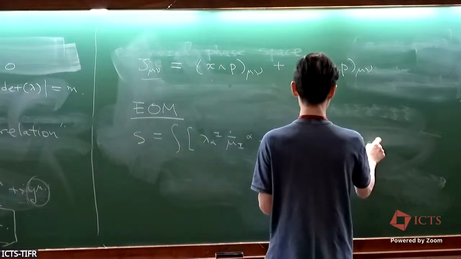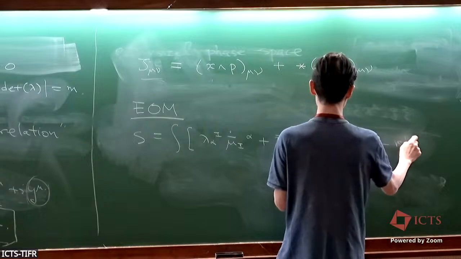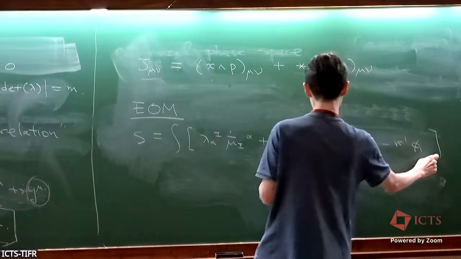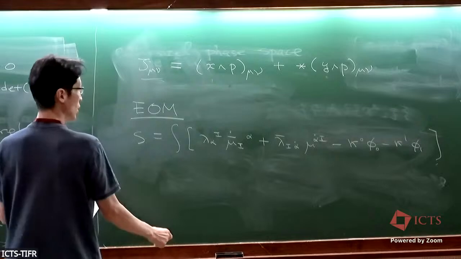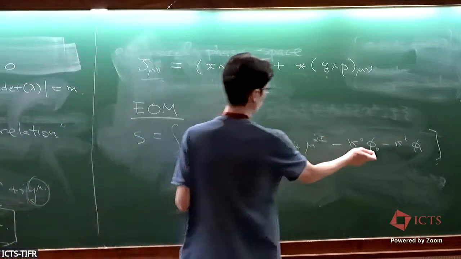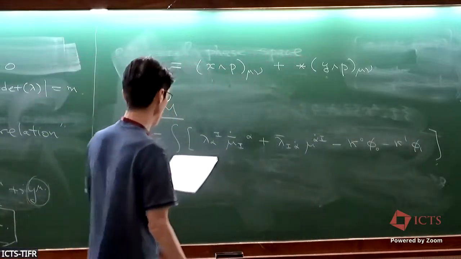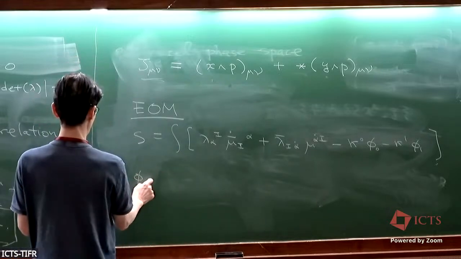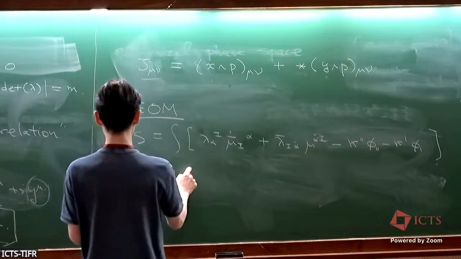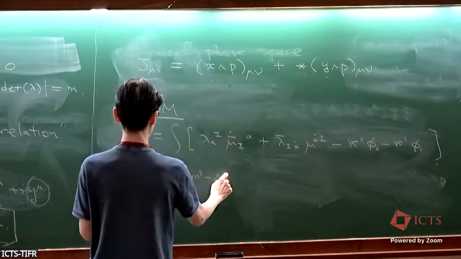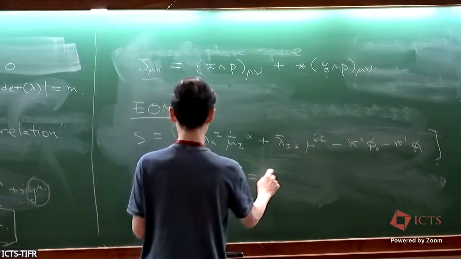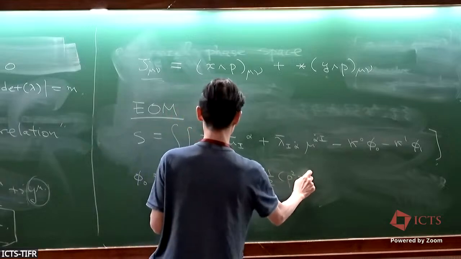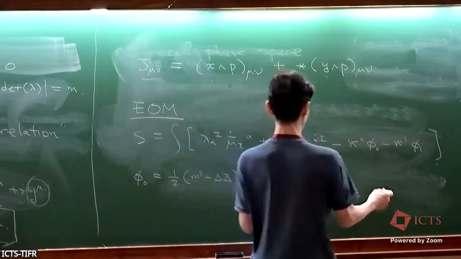But of course, we have to implement the constraints. So we have two real gauge generators and the corresponding gauge fixing conditions. This phi naught is nothing new. It's the mass shell condition written in terms of the Twistor variables.